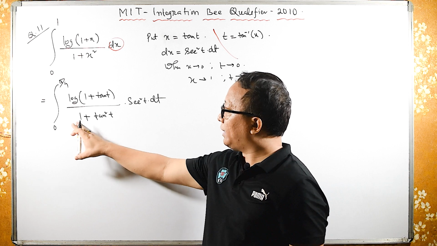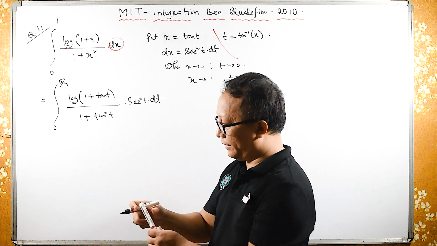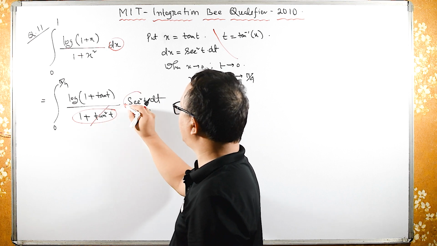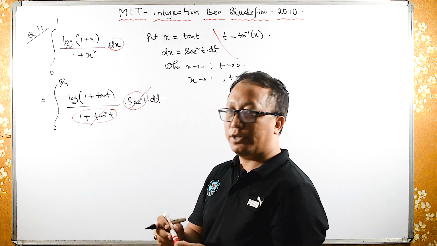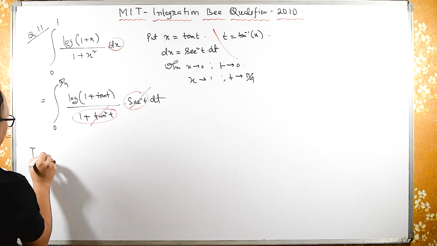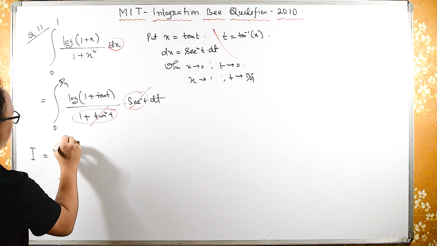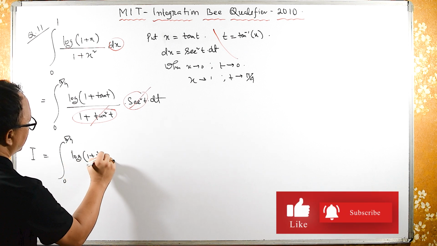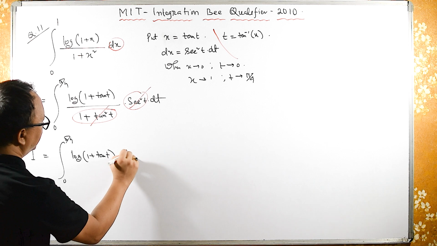Remember here 1 plus tan square is sec square. So 1 plus tan square is sec square, and this one gets cancelled. So let's consider this as I. I equals the integral 0 to pi by 4 of log of (1 plus tan t) into dt.